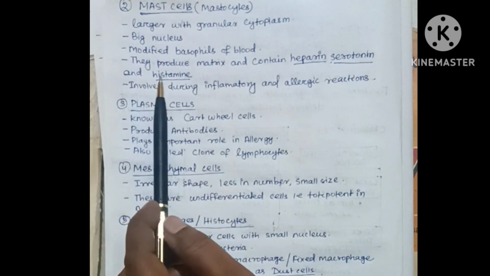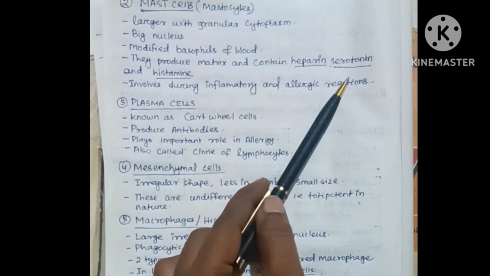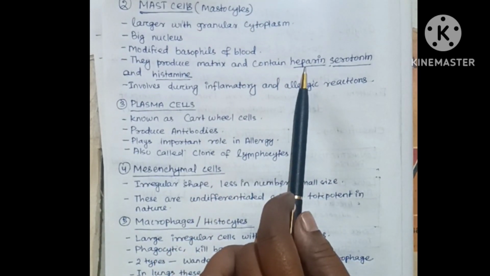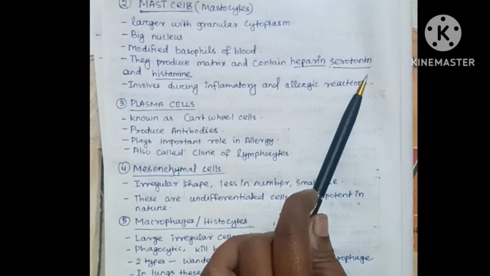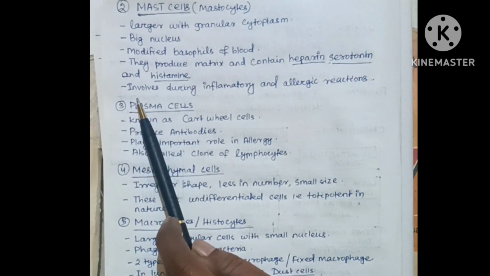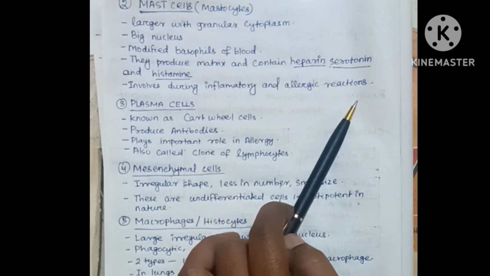They produce matrix and contain heparin, serotonin and histamine. Heparin is an anticoagulant, serotonin is a vasoconstrictor and histamine is a vasodilator. They are involved in inflammatory and allergic reactions.